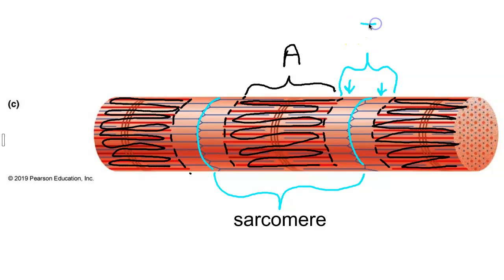That's what's known as the I band. The I band is the light band, and so what we can see from the surface of the cell is this alternating A band and I band. A dark band, light band, and so on.